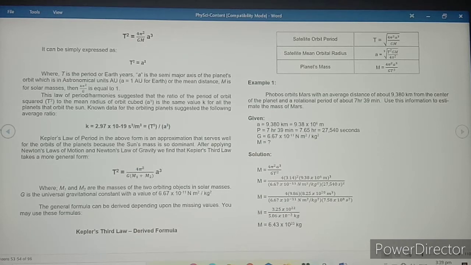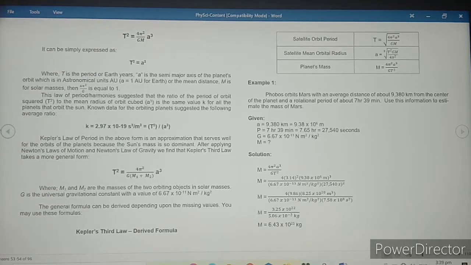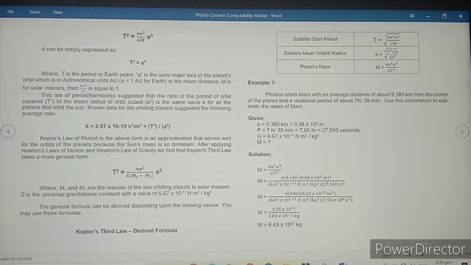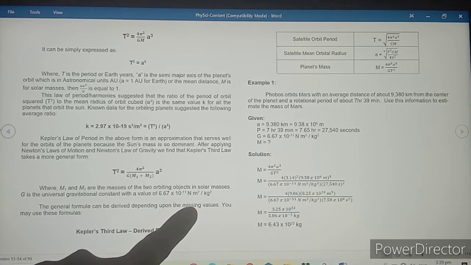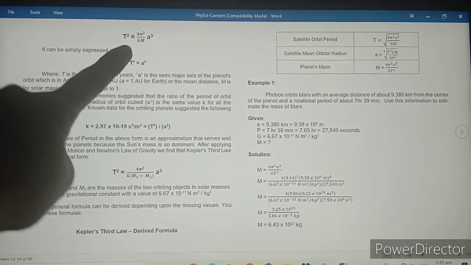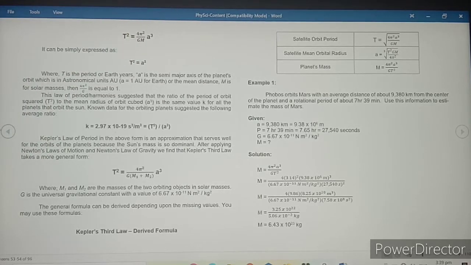So we have here the square of the orbital period, or T, equals 4 pi squared over GM. The G here is the universal gravitational constant with a value of 6.67 times 10 raised to negative 11 Newton m squared, or meter squared, per kilogram squared, multiplied by the mass of the other object.